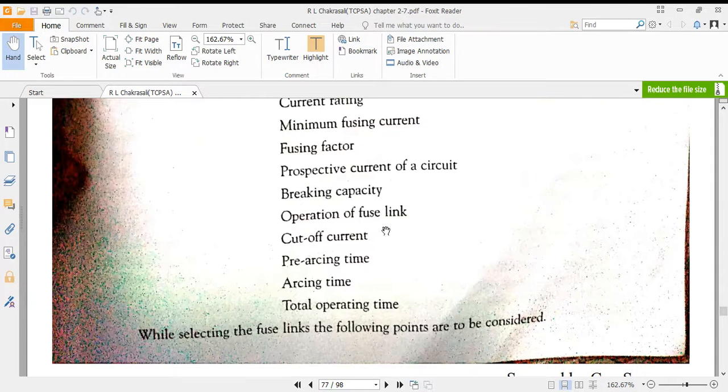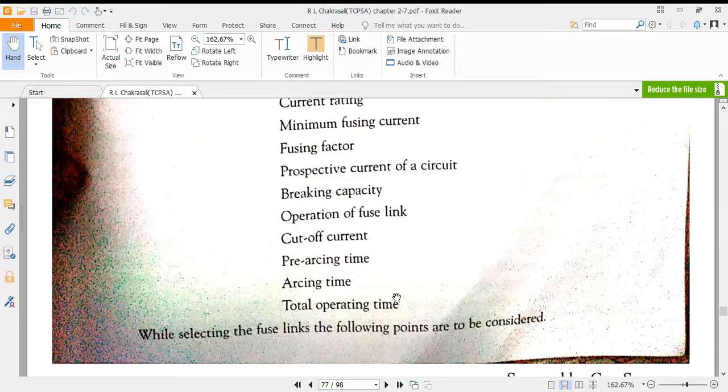Breaking capacity, operation of fuse link, cutoff current, arcing time, total operation time. So within what milliseconds the fuse wire is going to be melted. It's not only melting, it has to melt and create a distance between two ends of the fuse wire.